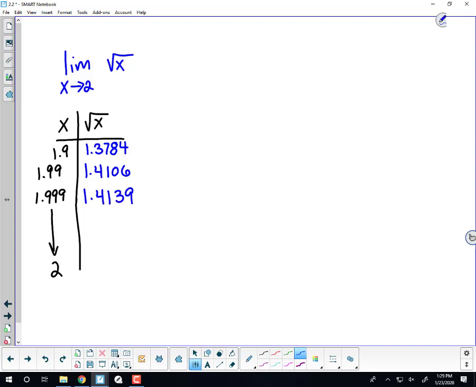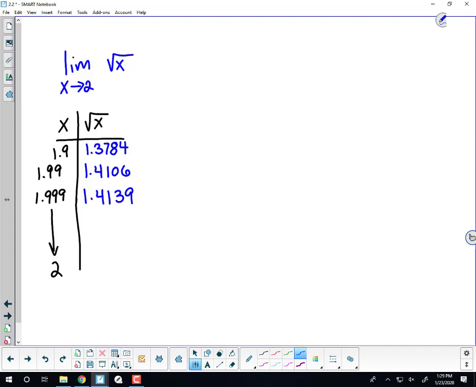Okay, so then you could look at these values and say, well, at 1.9 it's sort of close to 2. I got 1.38 rather, at 1.99, a little bit closer to 2, and it jumped to 1.41, a little bit closer to 2 again. It's still hovering around 1.41.